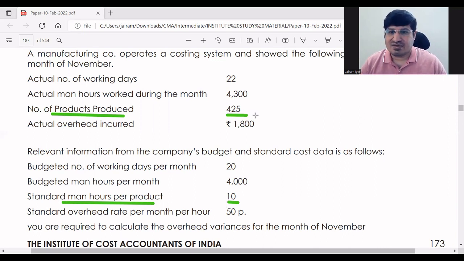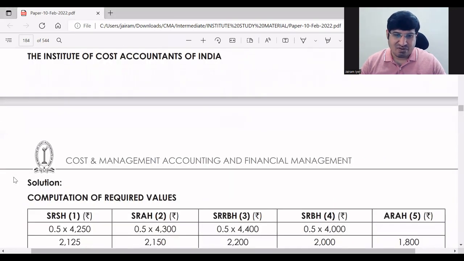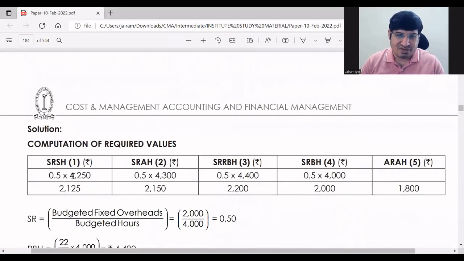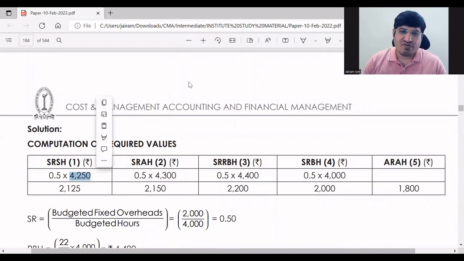So in other words वो क्या हो गया? Standard hours for actual quantity हो गया, correct? So this will give us standard hours for actual quantity 4250. Okay, so इसलिए हम नीचे चलेंगे, we'll go down. ठीक है, so इस तरह से we got this 4250. Okay, this is how we got that 4250.